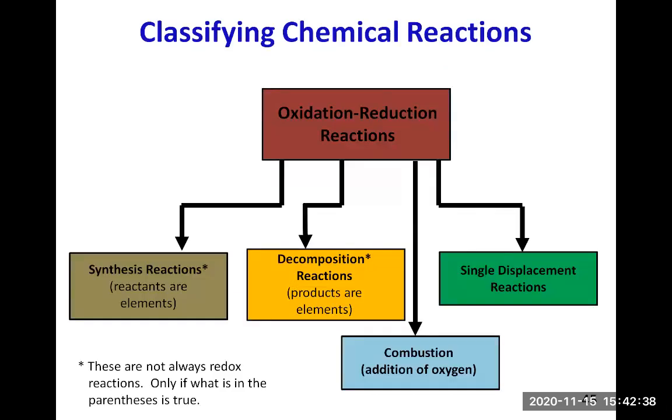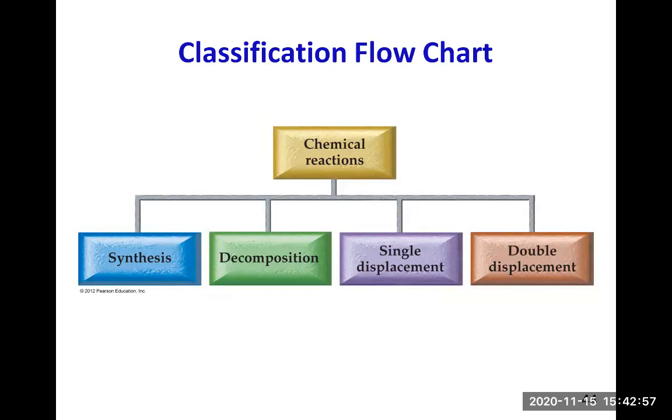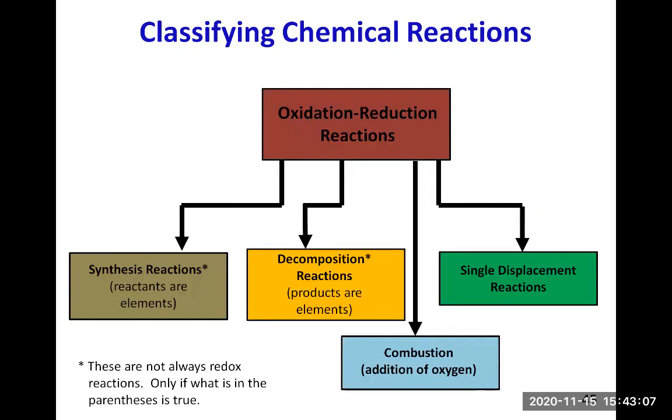But the other way of classifying was using precipitation reactions, acid-base reactions, gas evolution reactions, and oxidation reduction reactions, which is a different way of classifying. However, this way of classifying can also be used at the same time as the previous way of classifying.